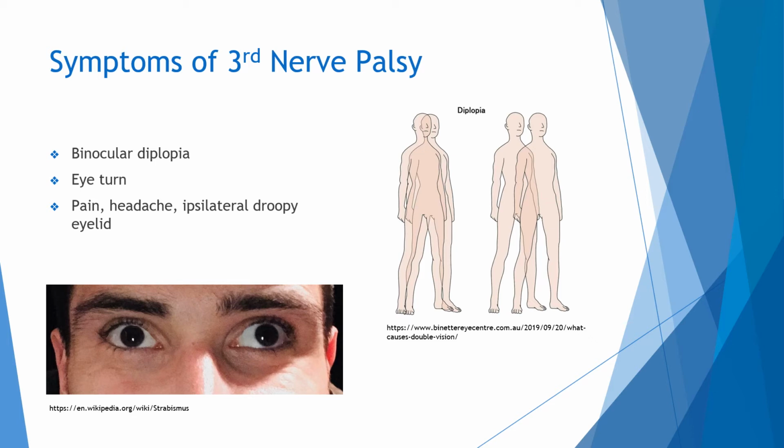This is because the third nerve also innervates the levator palpebrae superioris, a muscle in the upper eyelid which elevates the said eyelid upon contraction.